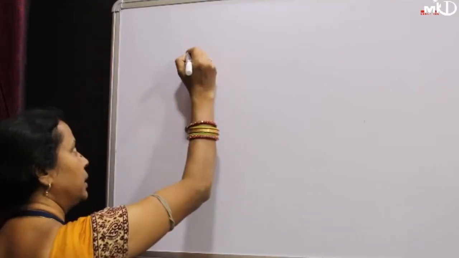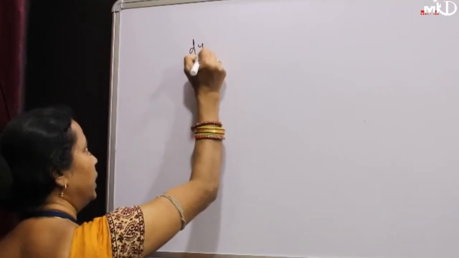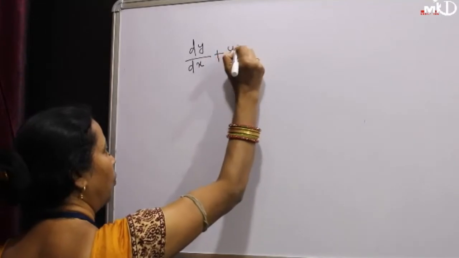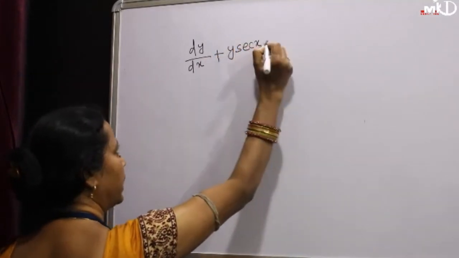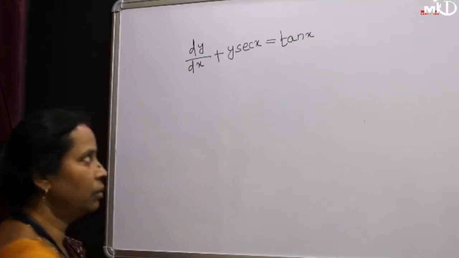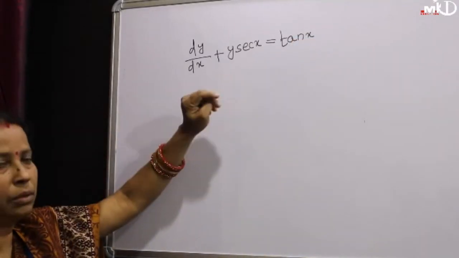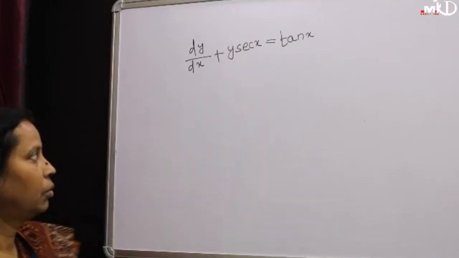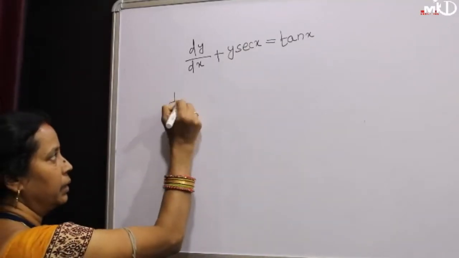So we take another example, that is dy by dx plus y sec x is equal to tan x. Now friends, tell me, what is your p? Here it is sec x. So what is our integrating factor?